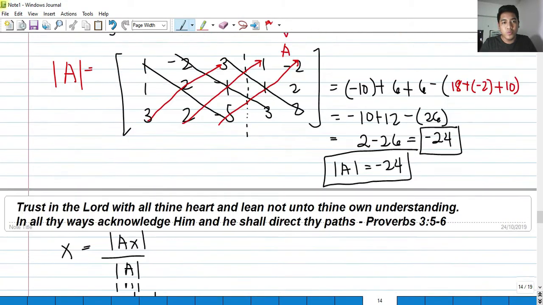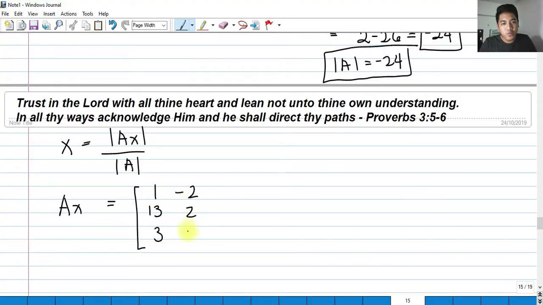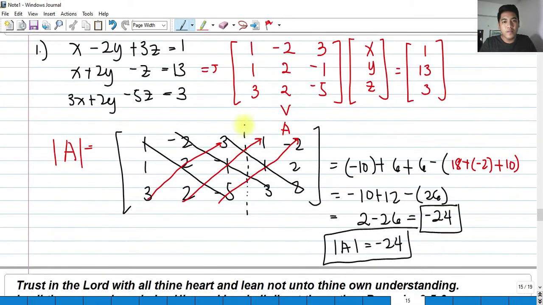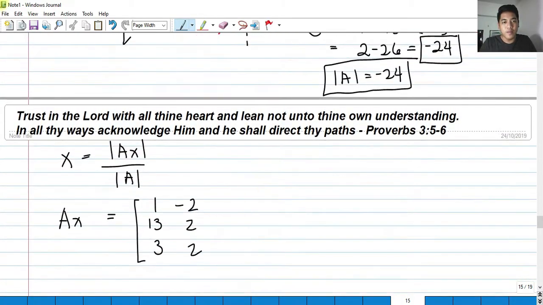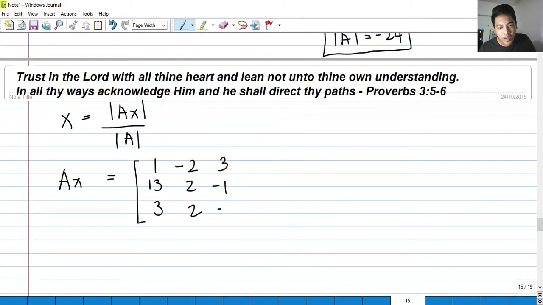So negative 2, 2, 2. And then we have 3, negative 1, negative 5.